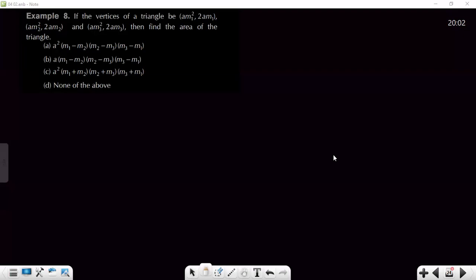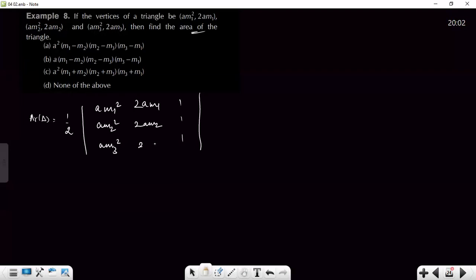So let's solve using the conventional method only. The vertices of the triangle are given, and we have to find the area. The formula for the area of a triangle is half into the determinant with 1, 1, 1 and the points am1 square and 2am1, am2 square and 2am2, am3 square and 2am3.